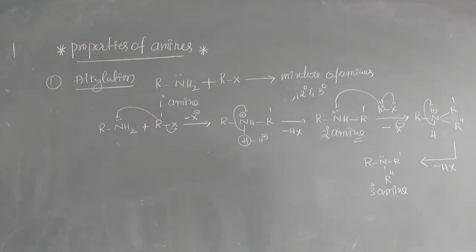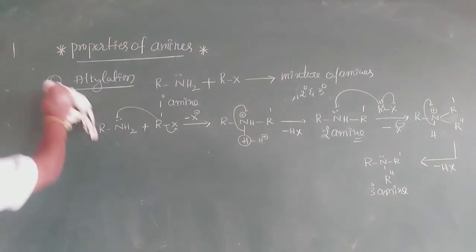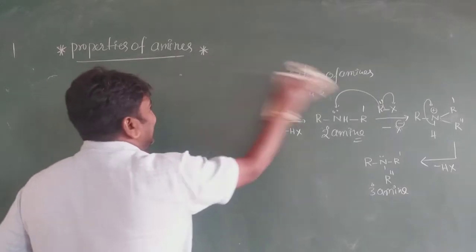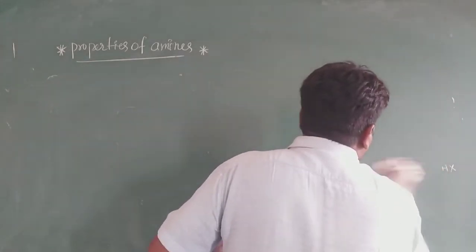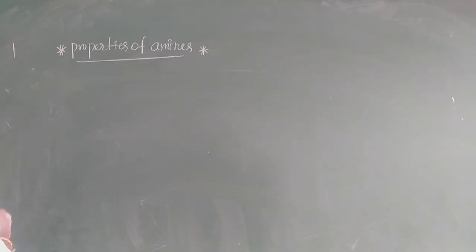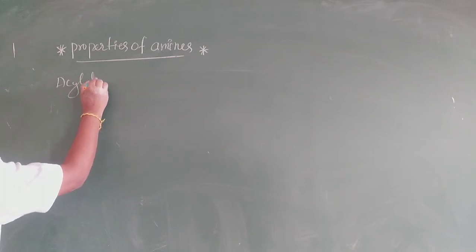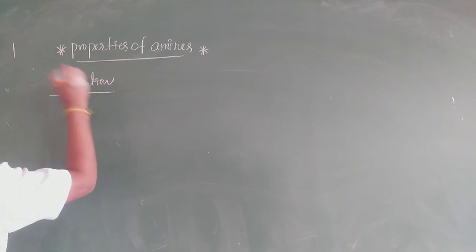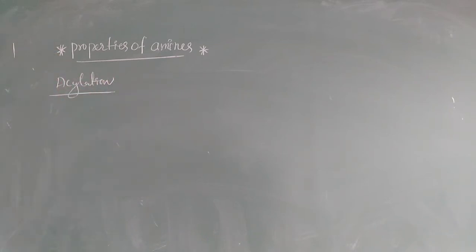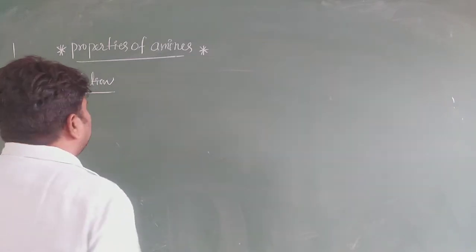Okay, second property. My dear students, see here. Acylation. This is alkylation. Acylation. Acylation means it is very simple. So here three possibilities are there.